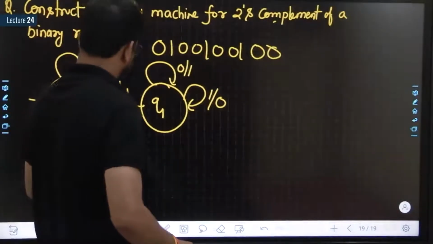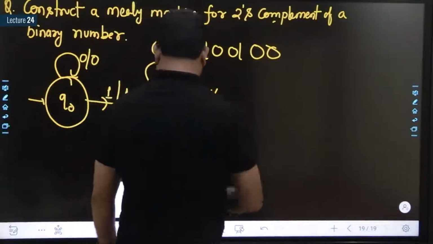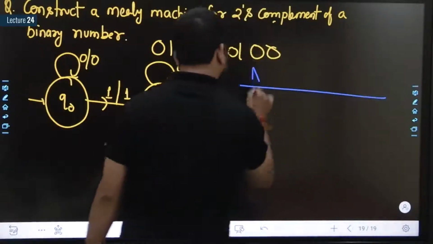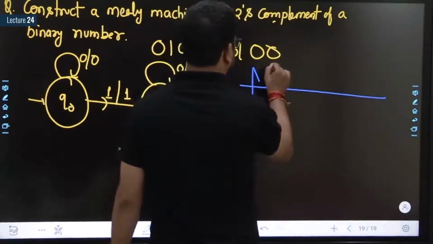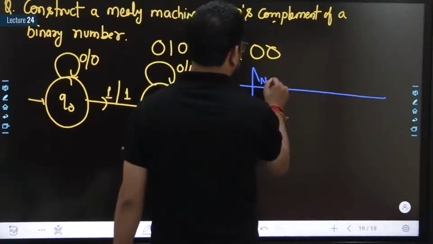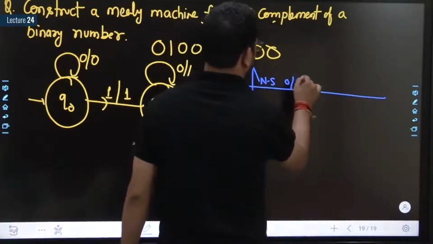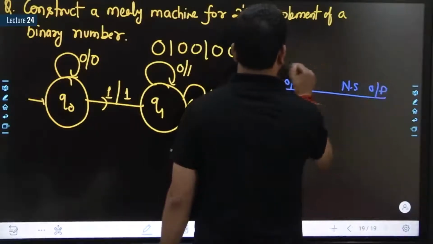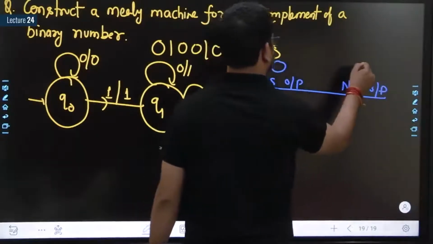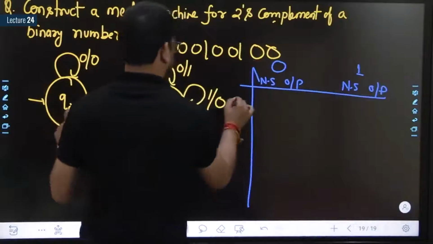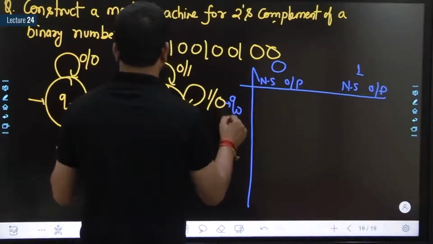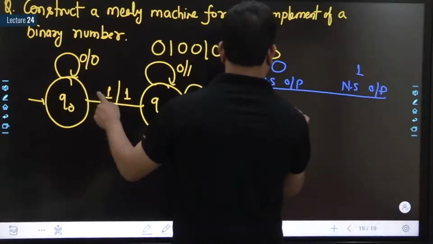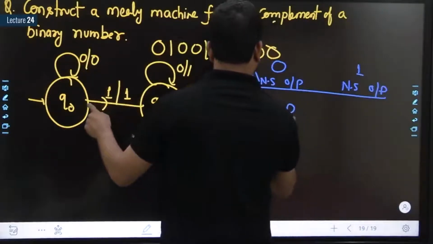See, next state, output, next state, output, input alphabet is 0, this is 1. Q naught on 0, Q naught, output is 0.